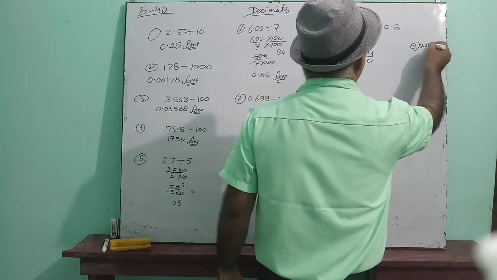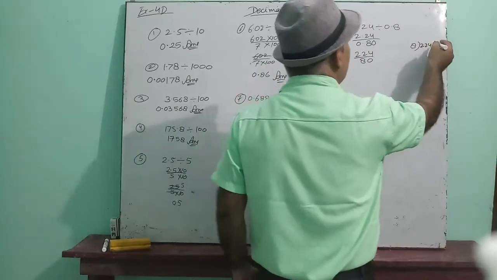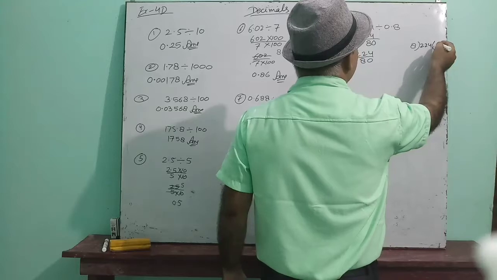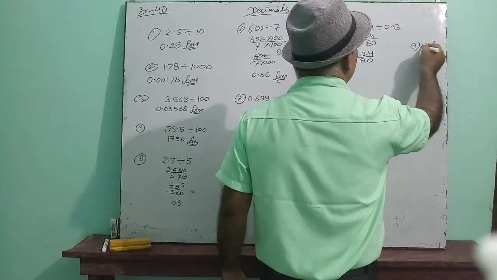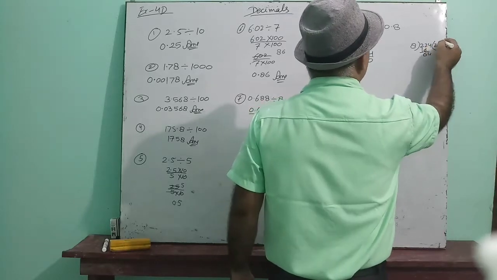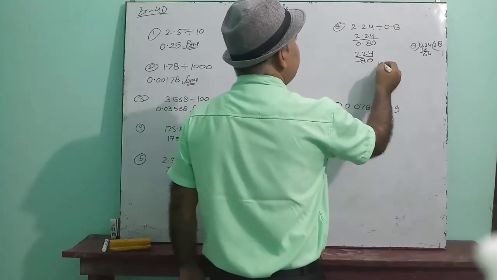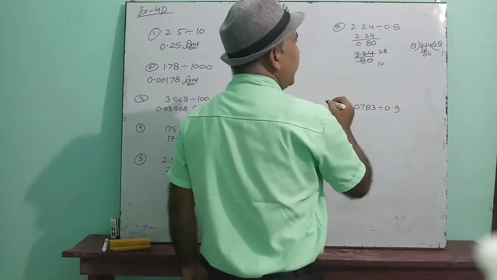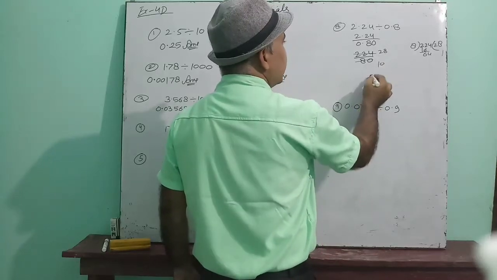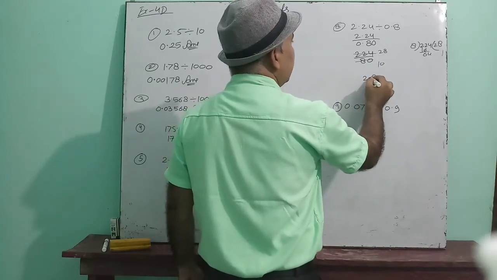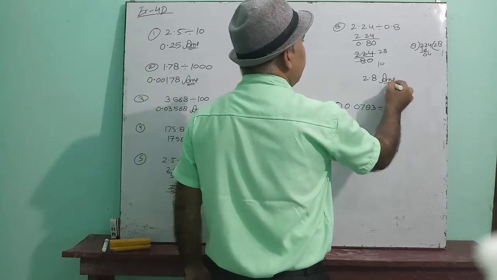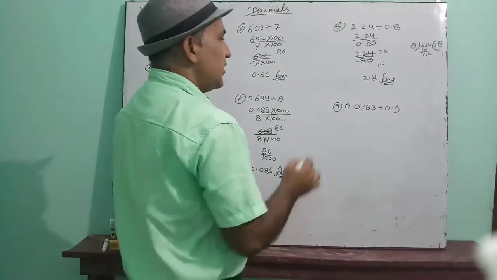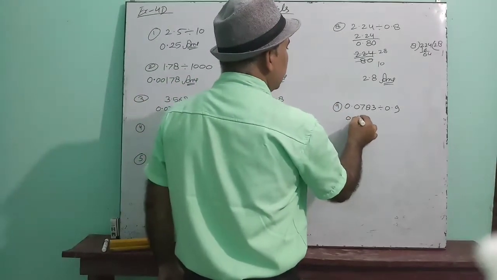If you divide 224 by 8, see, 8 dividing 80 coming 10, 8 dividing 224 coming 28, and when 28 is divided by 10, it will become 2.8. Understood? Same you will do here.